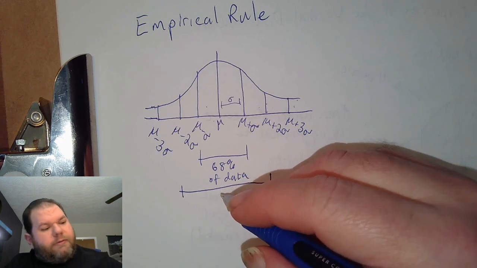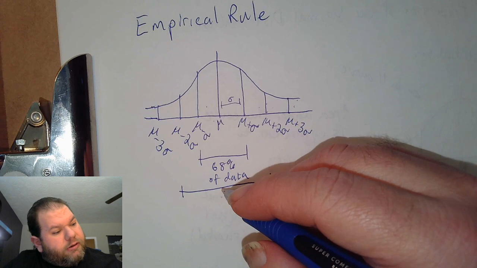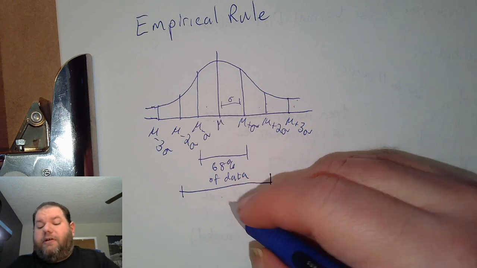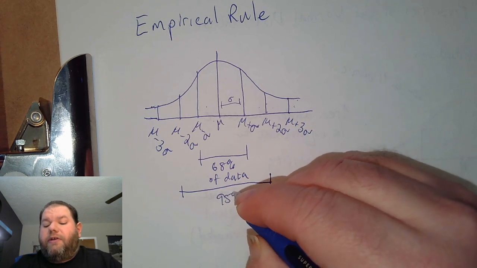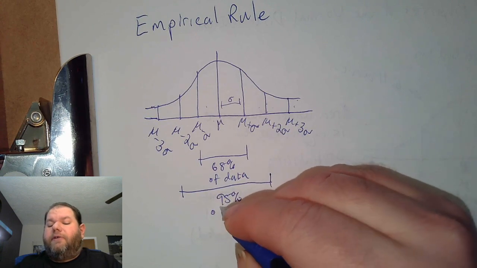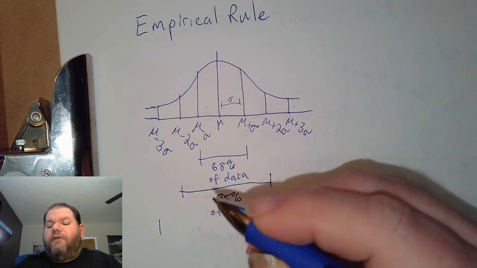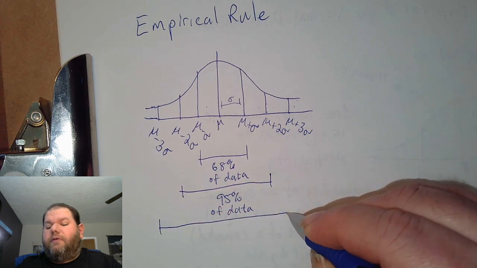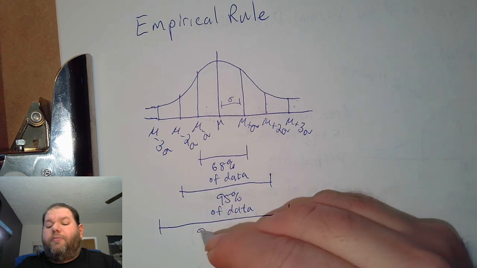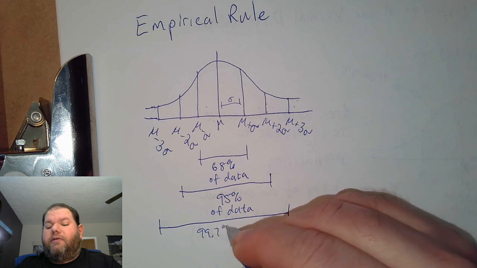Let me double check that one. 95%, good. It's good to check that. 95% of data. And within three standard deviations is 99.7% of data.